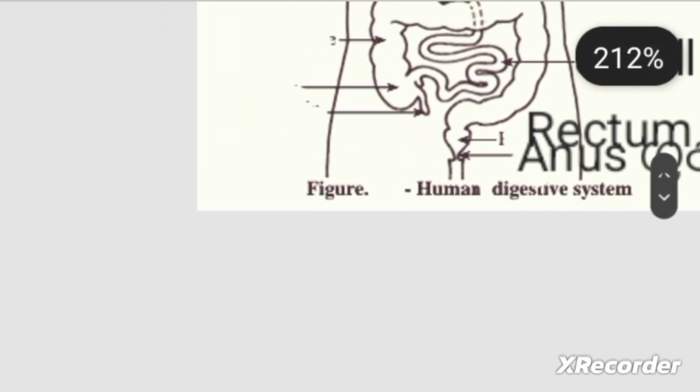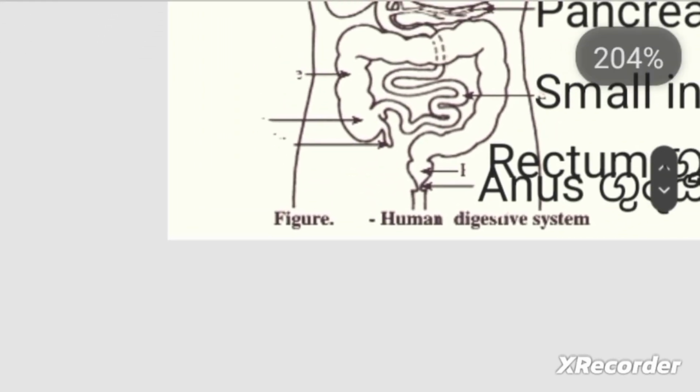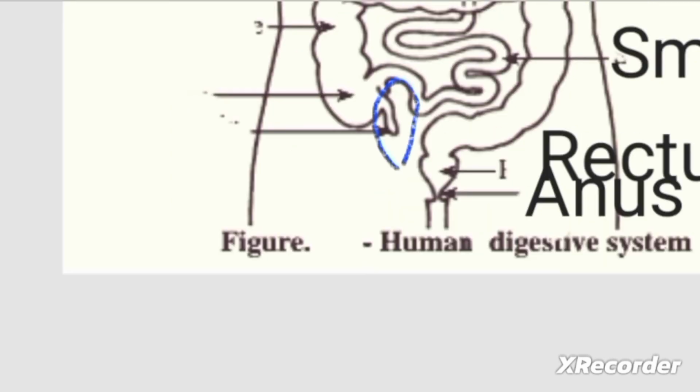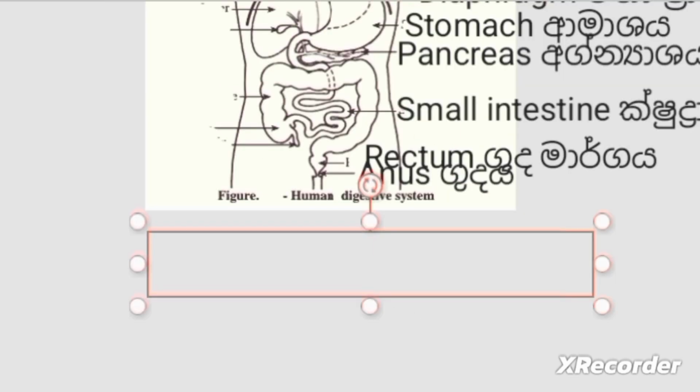Then the next structure you can see in this digestive system, we call it the appendix. This is a structure connected to the larger tube. In Sinhala we call it Unduka Puchaya.